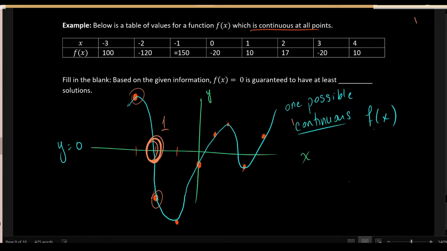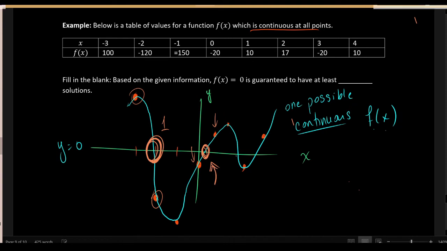Moving through the graph, I see right here where the data in the table transitions from a negative y value to a positive y value. Y equals 0 is between the output at this red dot and the output at this red dot, so that y value must correspond to a solution.